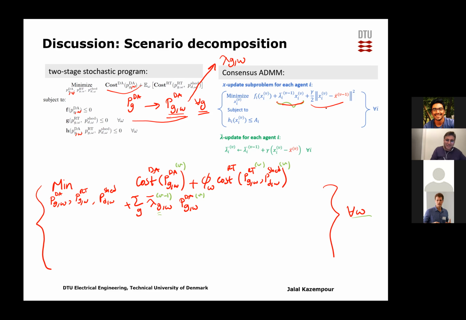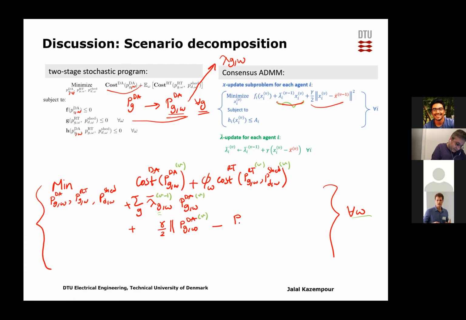Now this part, the last part. That part should just be gamma over 2, and then the norm stays the same, so that's PG omega day ahead in the current iteration minus the average of the previous iteration. Very good.